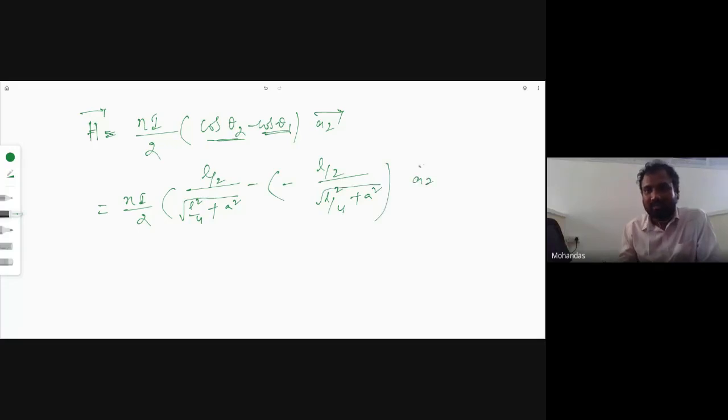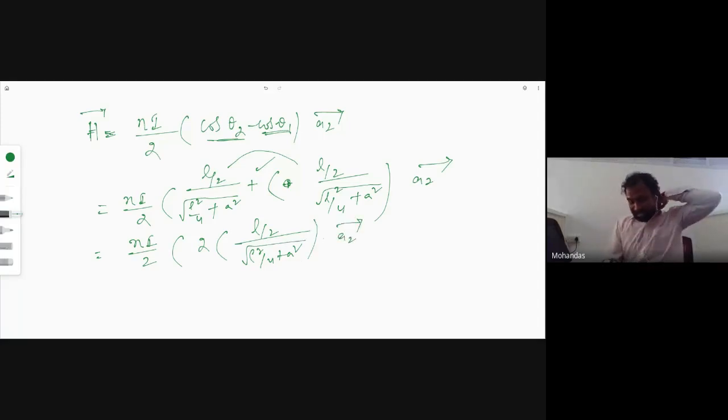In the direction of a_z. Minus and minus give a plus. If you add these, both terms are the same, so this becomes N I by 2 into 2 times L by 2 over the square root of L squared by 4 plus A squared, in the direction of a_z.